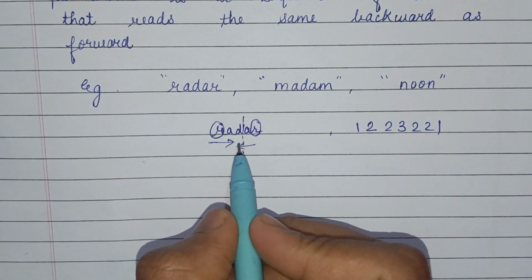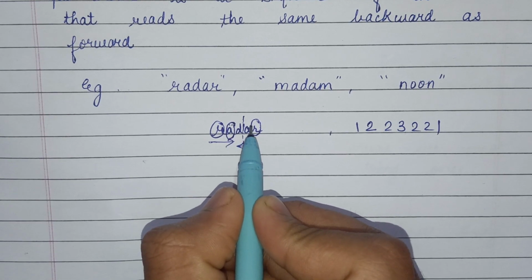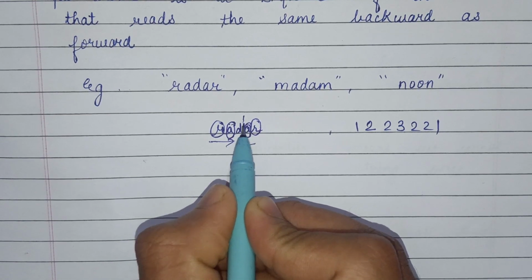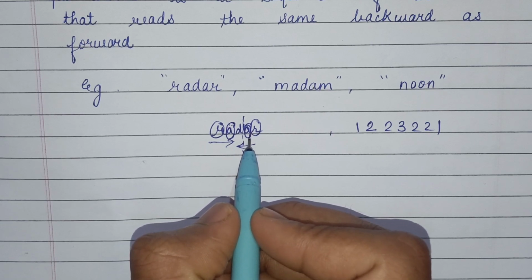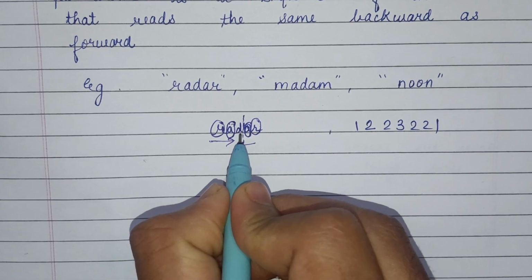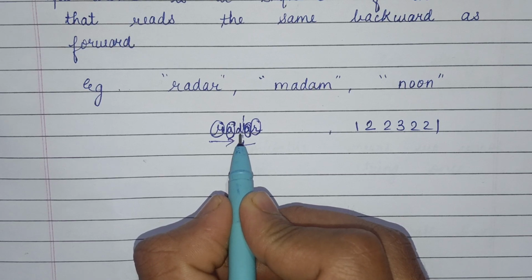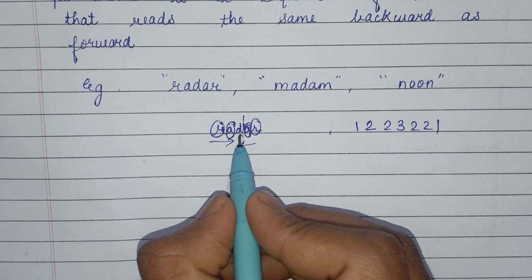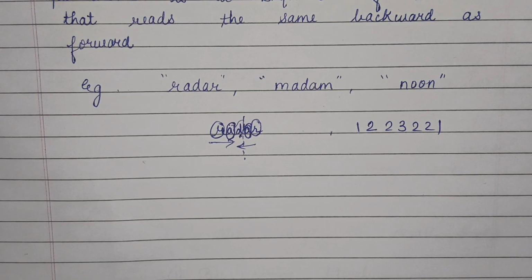If they are equal, we will check if the second element is equal to the second last element. If both elements are also equal, then there is only one character remaining, that is D. So we will compare D with D only. Obviously that is equal. Then we will return true.